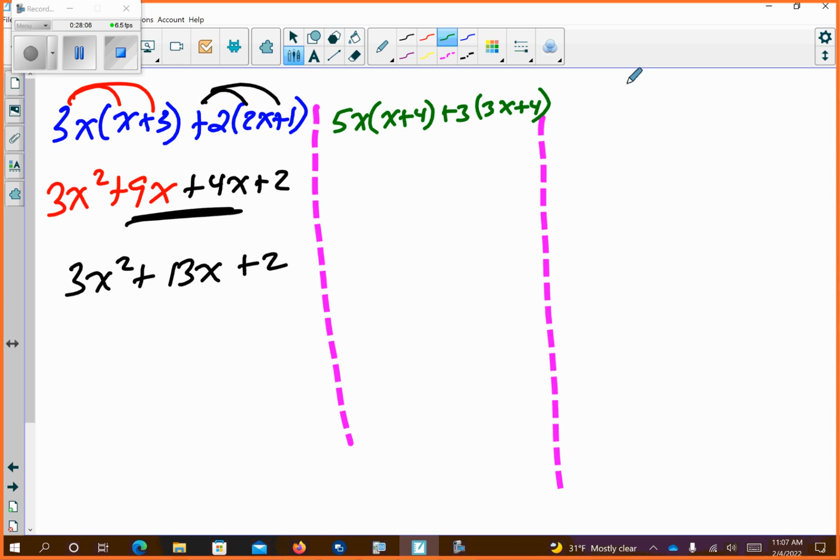And the third column will be one for you to try later. All right, distribute here, here.